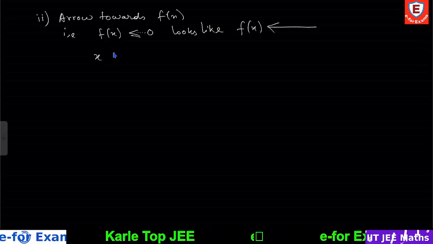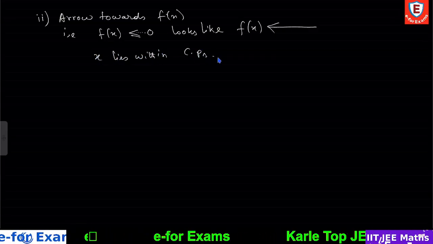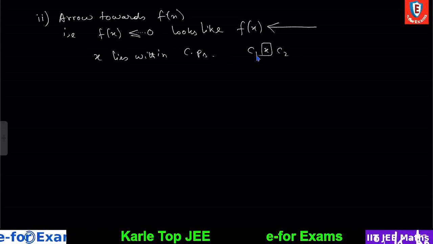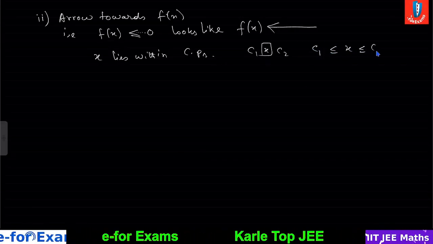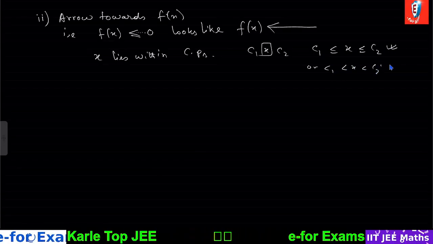In this case, x lies within critical points C1, C2. That means x will be somewhere between C1 and C2. C1 less than or equal to x less than or equal to C2, or C1 less than x less than C2, based on the inequality given.